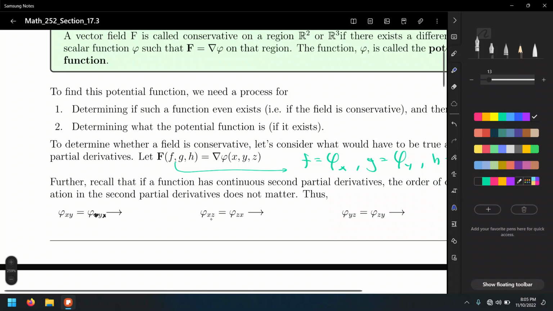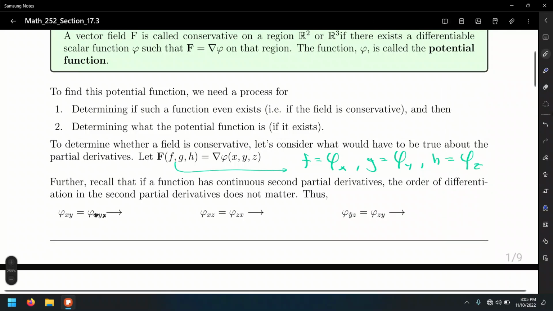The same holds for the partial derivative with respect to x and then z, and that is the same as with respect to z and then x. And the third implication is that if we do the partial derivative with respect to y, then with respect to z, it's going to be the same as finding the two partial derivatives in the other order.